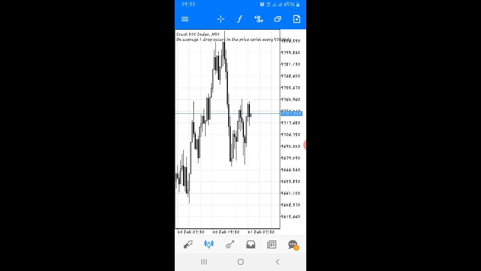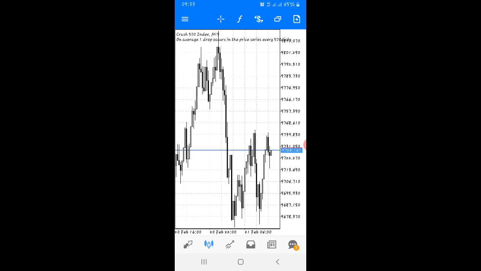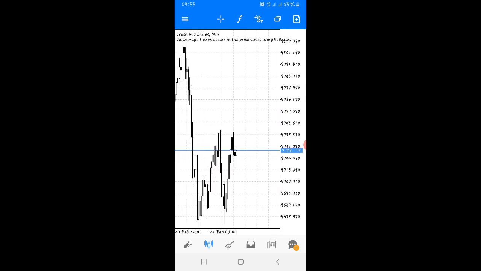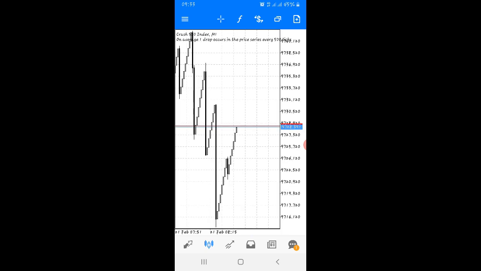From the 30 minutes, it's based on price action. Looking at this market, you should be able to figure out that this market is going to be bearish. It's going to sell from the 30-minute time frame, and the 15-minute time frame is also showing a sell.